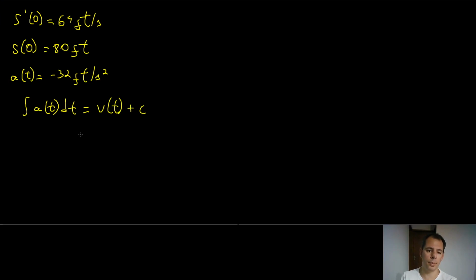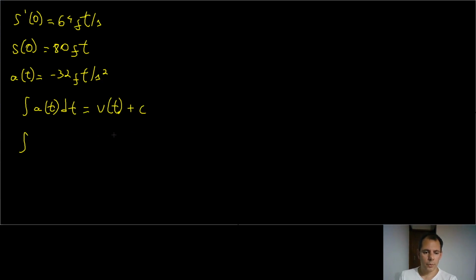You have to remember that. And then we're going to integrate this equation, v of t, with respect to t, so that I can get s of t plus c. This c here is different from this c.